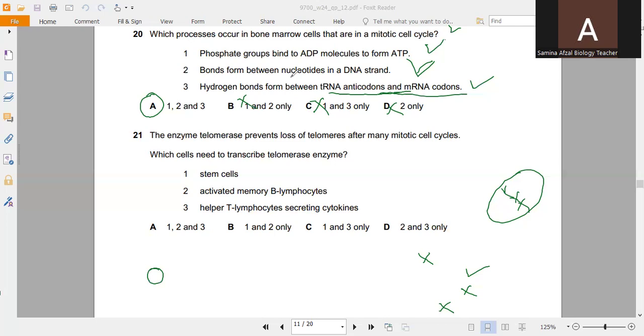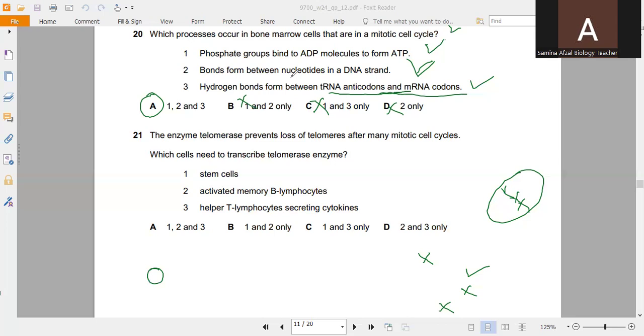They have the ability to self-renew and differentiate into specialized cells. They undergo frequent cell division to maintain their population and produce new cells. So telomerase is essential in stem cells to preserve telomere length and ensure their long-term viability.